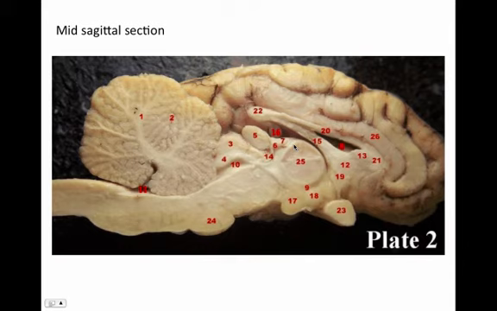So if this is the thalamus, then right below it, name this area: the hypothalamus. And right below the hypothalamus is going to be the pituitary gland, which is here shown as structure 18.